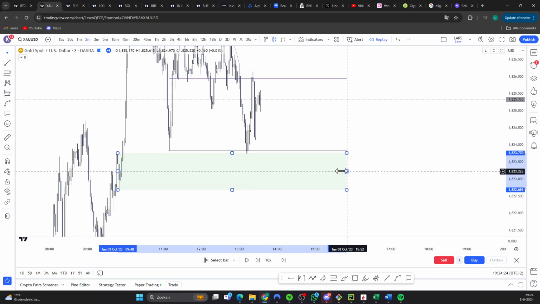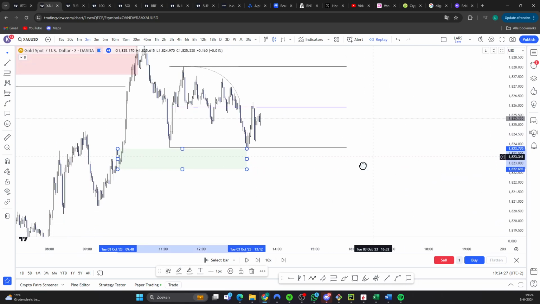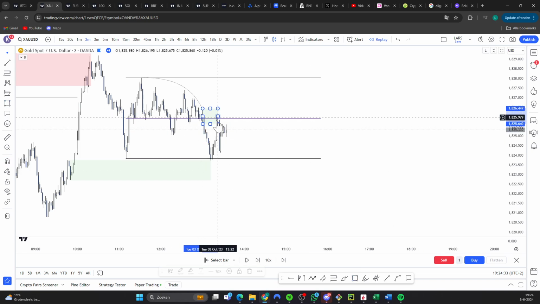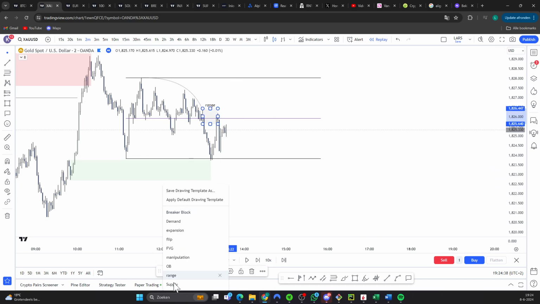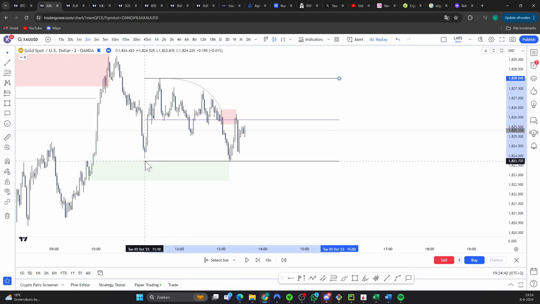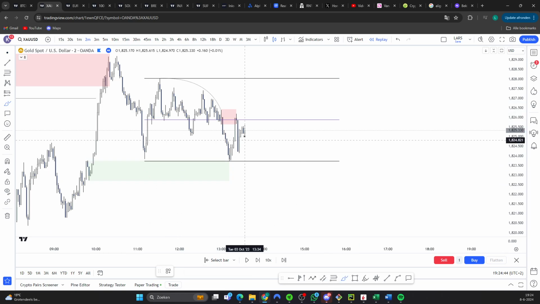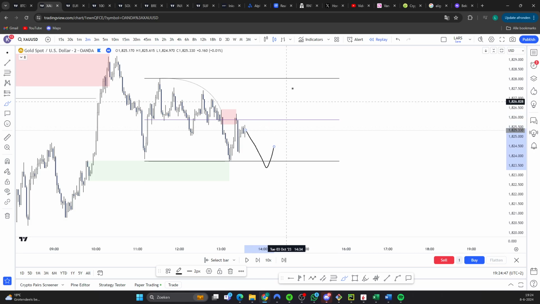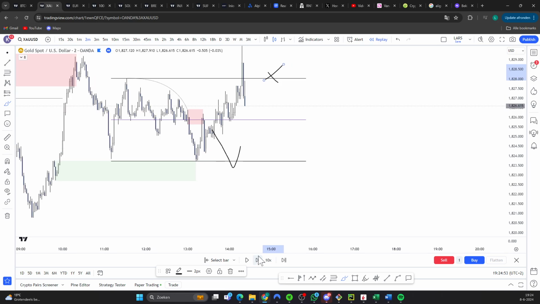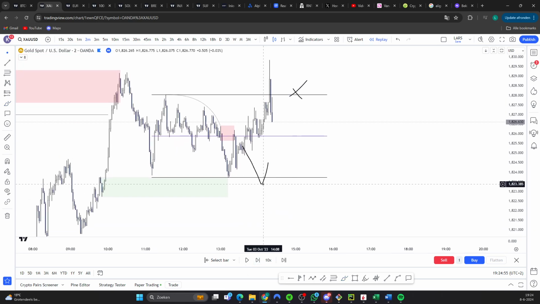Ah, that's already mitigated. Maybe a little reaccumulation here after breaking structure. Targeting up to X. Oh, no, it already went higher. Okay.